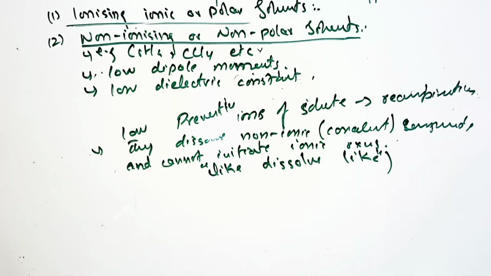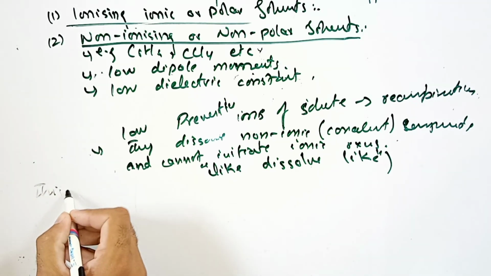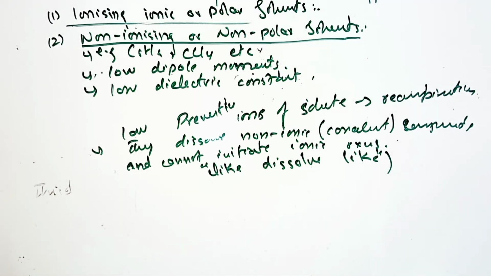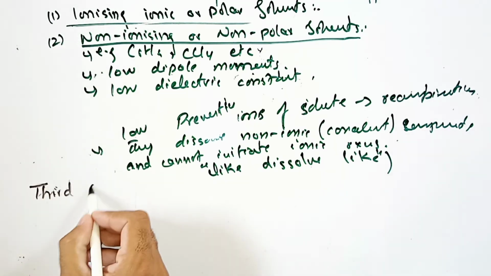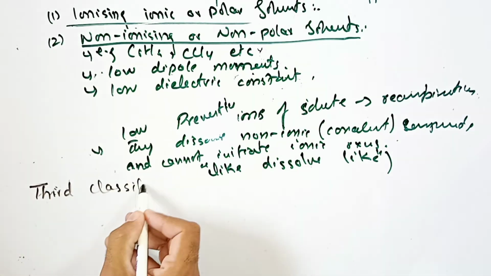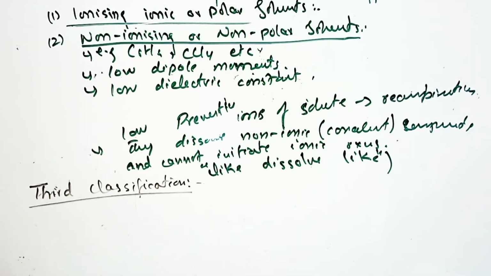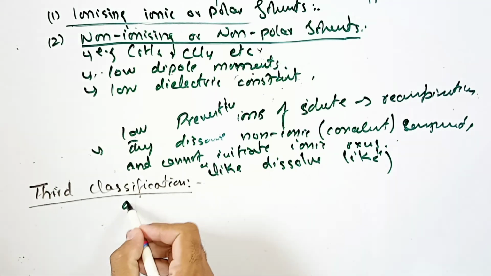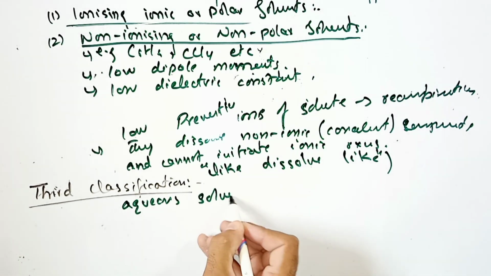The third classification of solvents is on the basis of aqueous character. One will be called aqueous solvents, while the other will be called non-aqueous solvents.